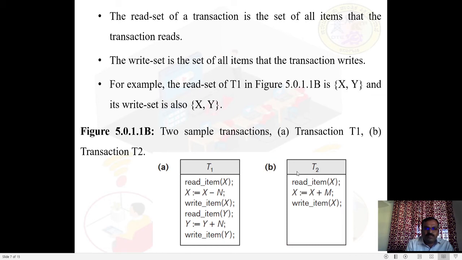These are the two simple transactions, T1 and T2.